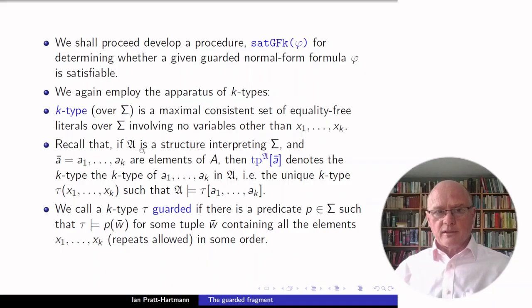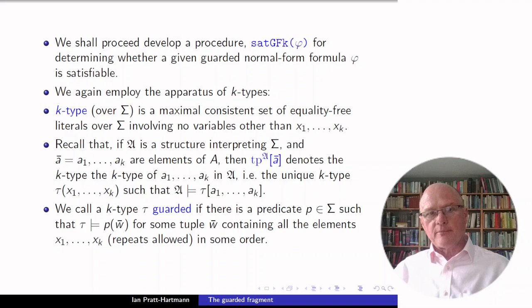Recall that if fractur A is a structure interpreting the signature sigma, and A bar is a tuple of elements, then there is a unique k-type satisfied by A bar in that structure, and I'll denote it by this symbol here, type of fractur A and then the tuple in question. Okay, so that's the unique k-type satisfied by A bar in the structure fractur A.